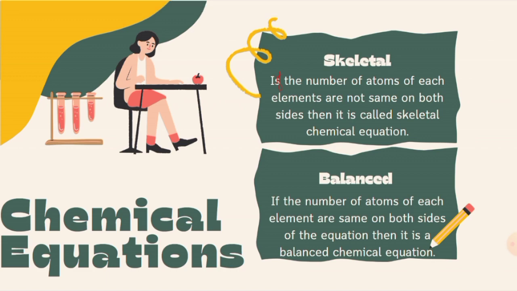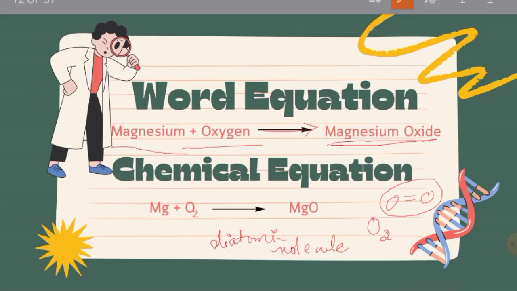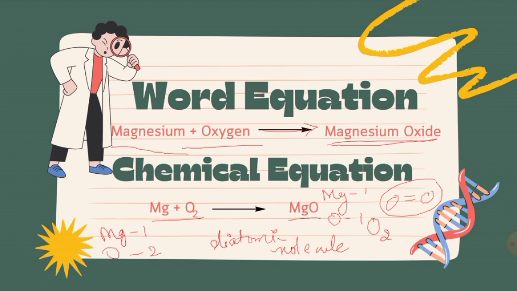In the previous one, magnesium is 1 on the reactant side and also 1 on the product side. On the reactant side oxygen is 2, whereas on the product side oxygen is only 1. Both are not the same, right? Oxygen atoms are not satisfied here. Here it is 2, here it is 1. So we can say this is a skeletal chemical equation.